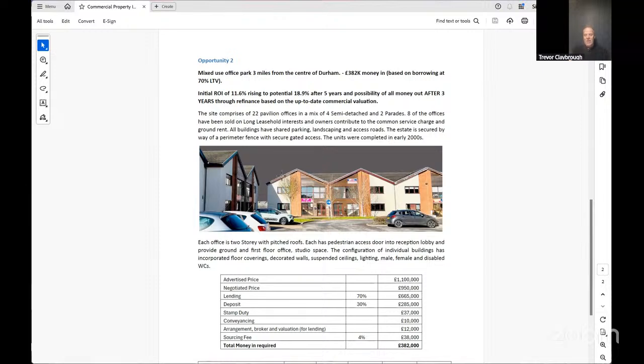And these are not like shopping centers, where there is a big risk because people are buying stuff online. The only things that we can't really buy online are a haircut or things like that. Or we can't buy fish and chips online. We have to go to the shop and get it.